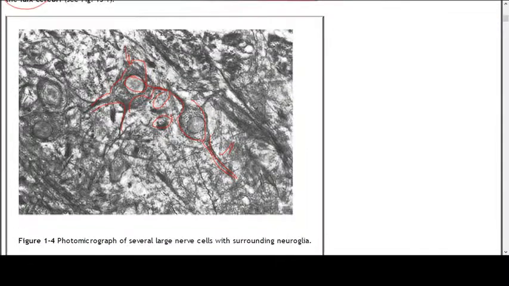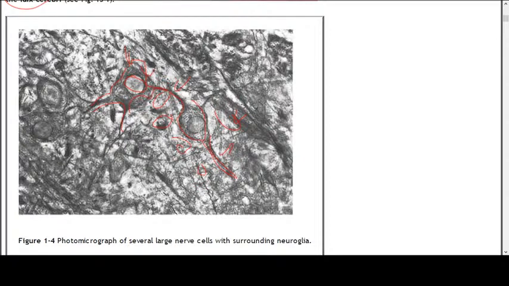This one is also a nerve cell, and this one is probably the axon of the nerve cell. The surrounding structures are the neuroglia, in my opinion. It is not labeled here, but these are the neuroglia, which are supporting cells.